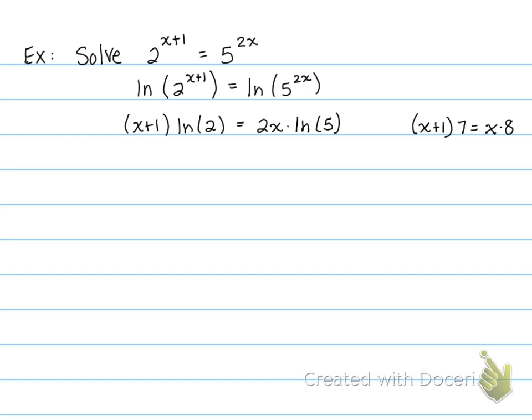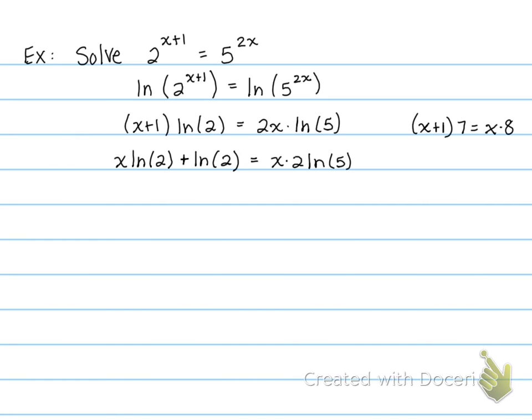So we distribute that natural log of 2, which gives me x times the natural log of 2 plus the natural log of 2 equals, I'm going to write this as x times 2 natural log of 5.